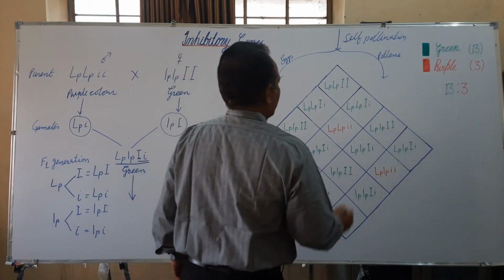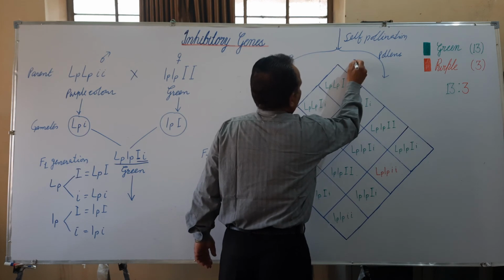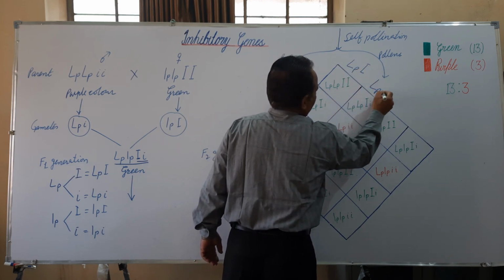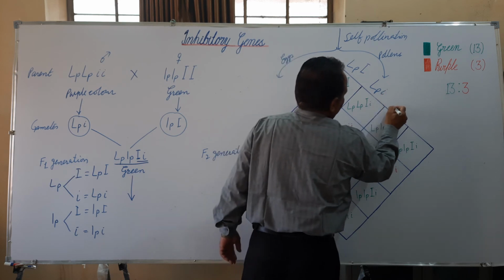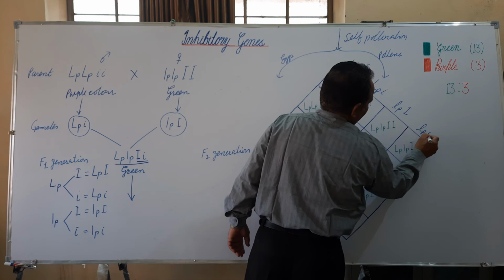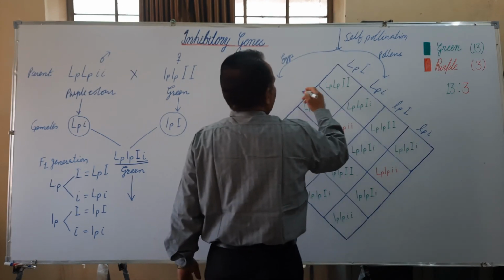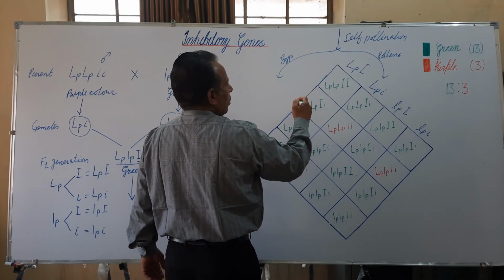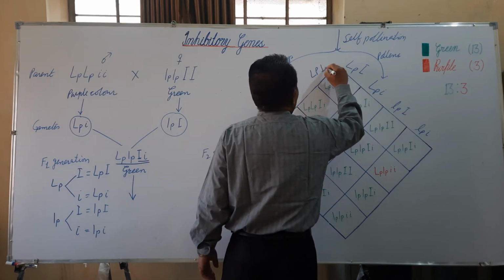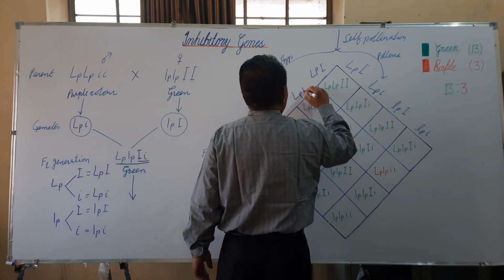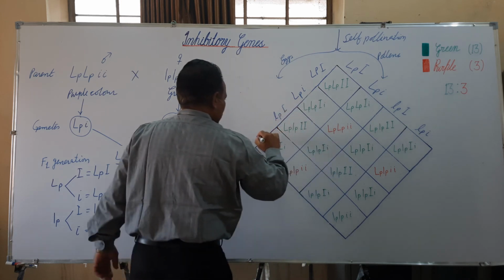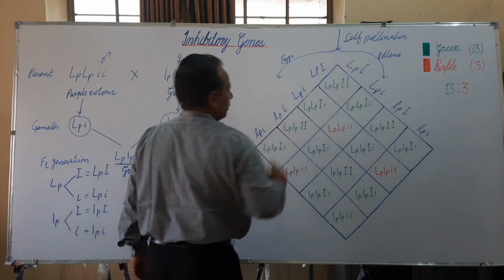These are capital LP, capital I, capital LP, small I, small LP, capital I, small LP, small I. Likewise, the female gametes are also of 4 types: capital LP, capital I, capital LP, small I, small LP, capital I, small LP, small I.